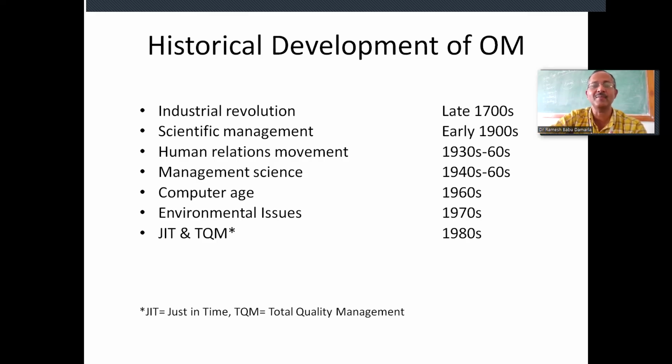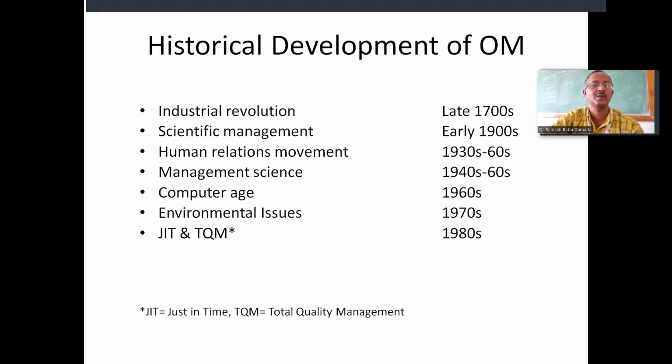Then slowly scientific management started, work study, time studies have come up. Scientists and industrial engineers started investigating how to do productive work, how to do large quantity manufacturing in a mechanized way. All these scientific studies were done in the late 1900s.